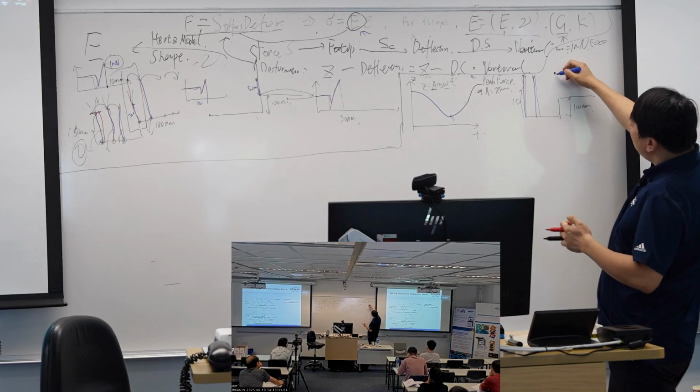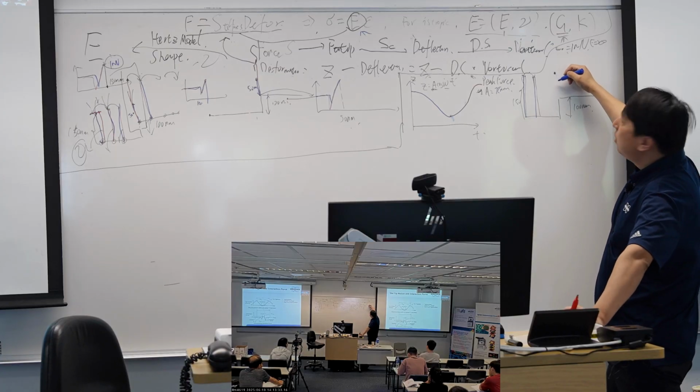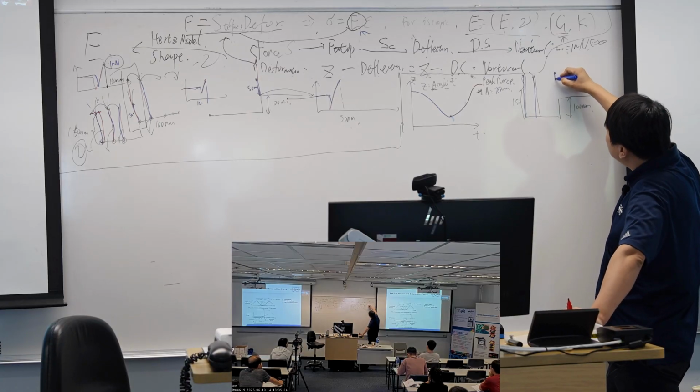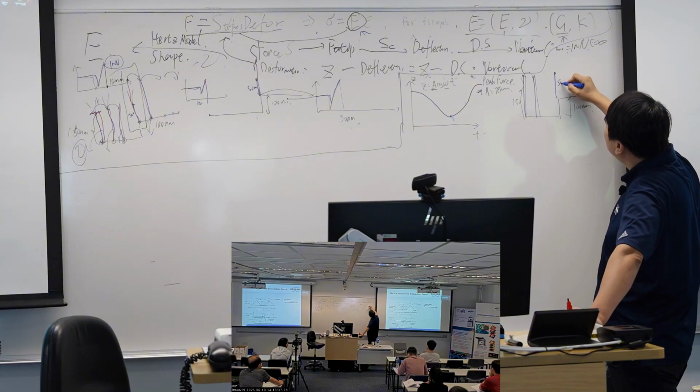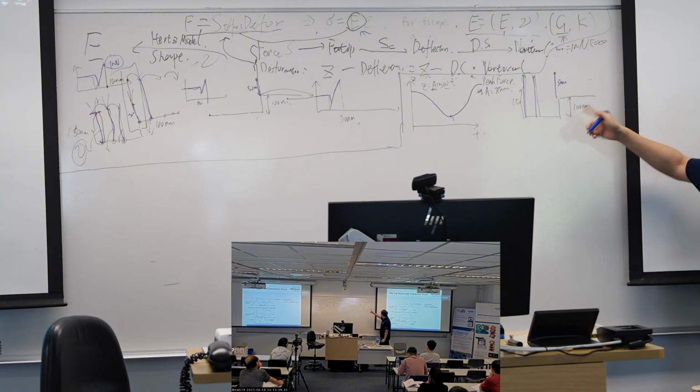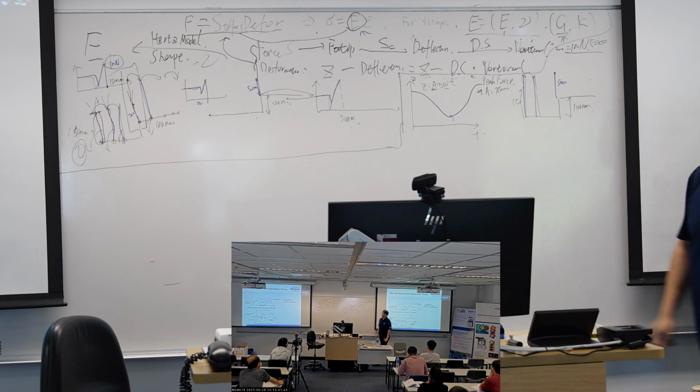Now, our blue curve is the approach. It goes down 50 nanometers, and then it reaches 1 nanonewton force. And then what's going on? Should it keep going down or should it retract?